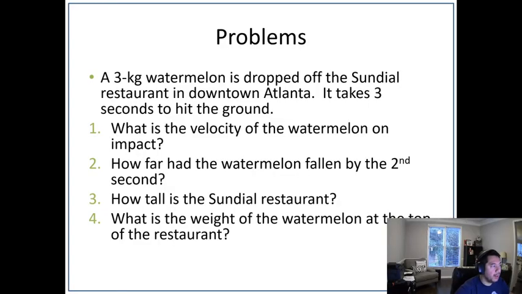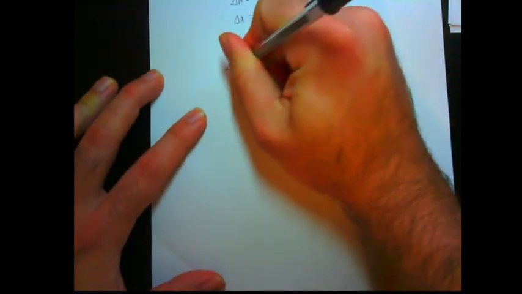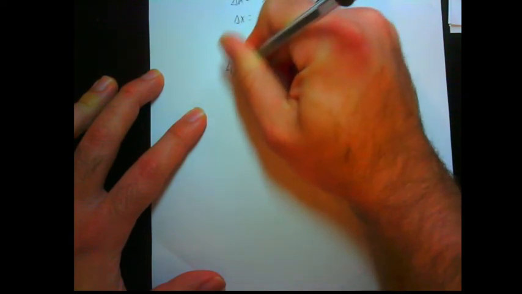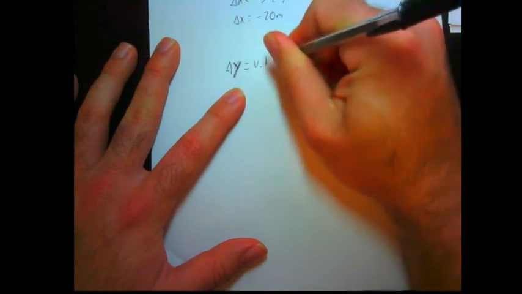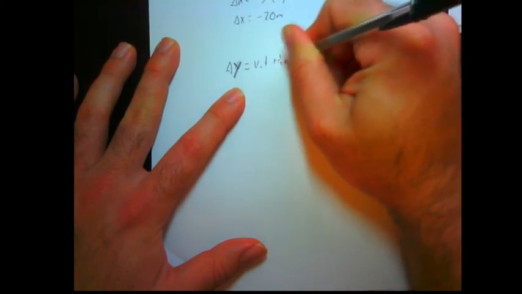Straightforward. Number 3, how tall is the Sundial restaurant if it takes 3 seconds to hit the ground? Well, this is a very similar problem to the last one. It's a how far problem. Delta x, and really, let's use delta y, because now we're talking about up and down, equals ViT plus 1/2 AT squared.